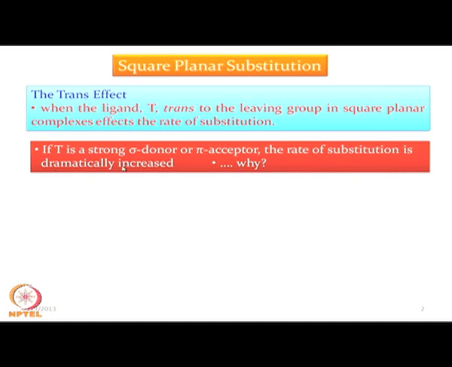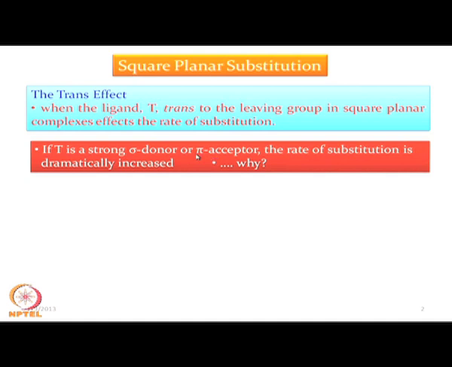This we can find out because this particular trans ligand, the T, has an effect in that it is forming a strong bond. That means it is giving sigma donor electron density to the metal center, and that donation of electron density to the metal center can change the corresponding metal-ligand bond on the other side.